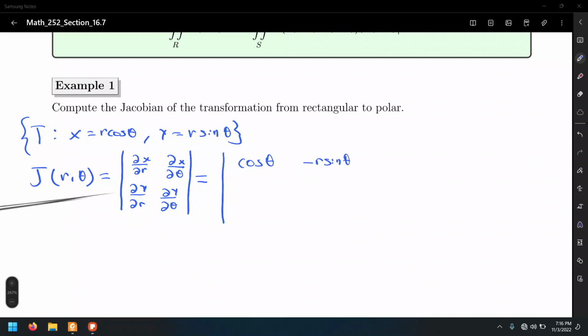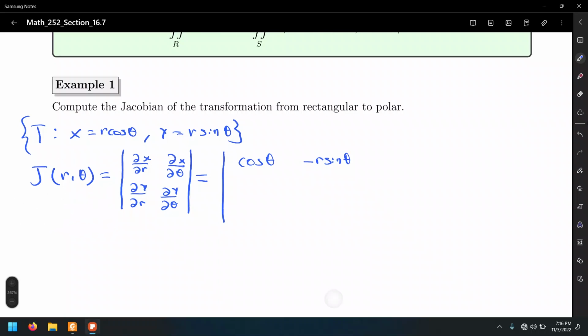For the second row, the partial derivative of y with respect to r is 1 times sine, so that's sine theta. And the partial of y with respect to theta is r cosine theta.